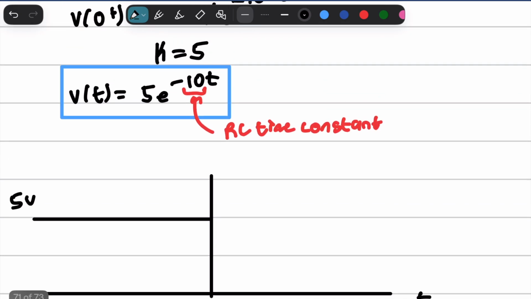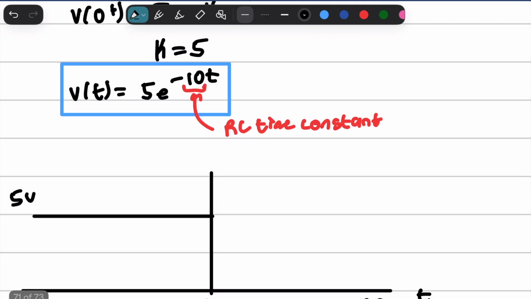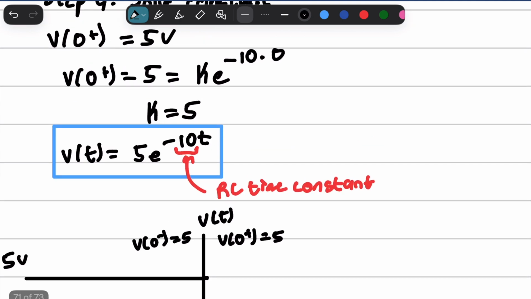And so what happens if we plug in 0 into there? Well, we get 5 right here, which is consistent because we said that v of 0 plus is equal to 5, and we said that v of 0 minus is equal to 5. And once we increase in t, as t gets closer and closer to infinity, this is actually v over e to the 10t.